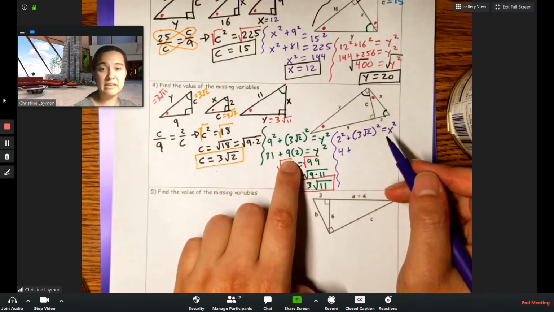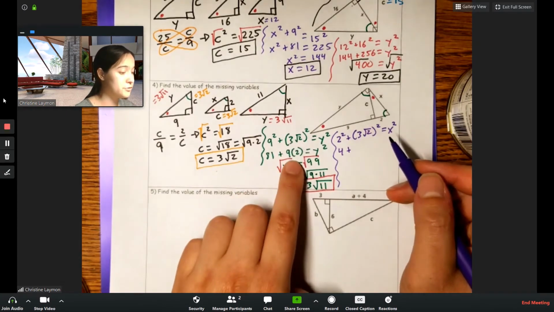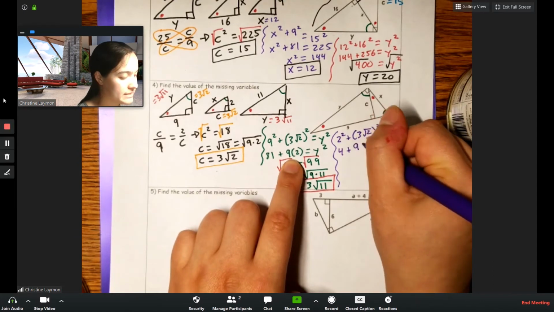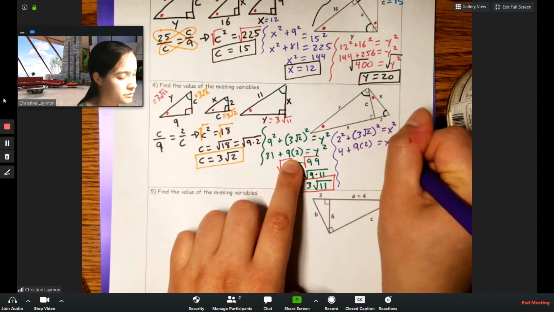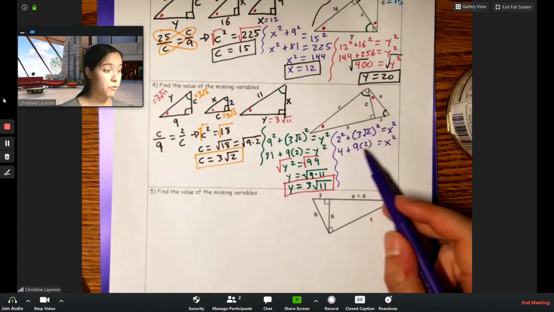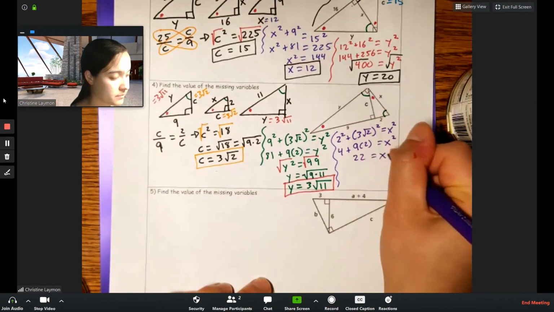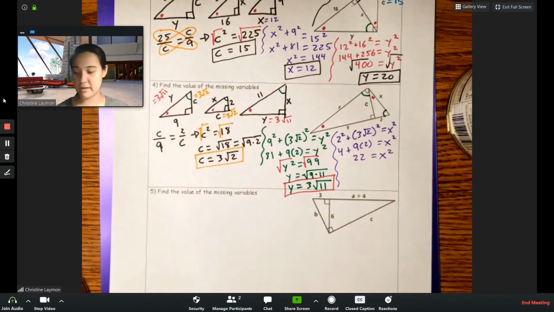We said it's going to be 9 times 2. Again, 3 squared is 9. Root 2 squared is 2. So 4 plus 9 times 2 equals x squared. Now 9 times 2 is 18, and 4 plus 18, that is our 22. So x squared equals 22.